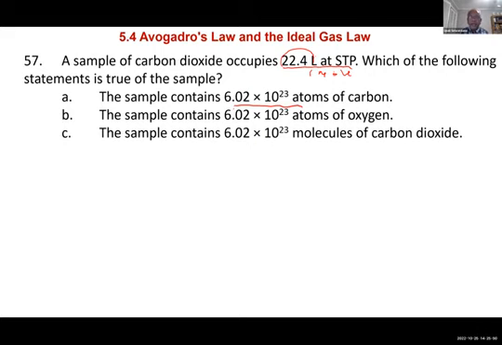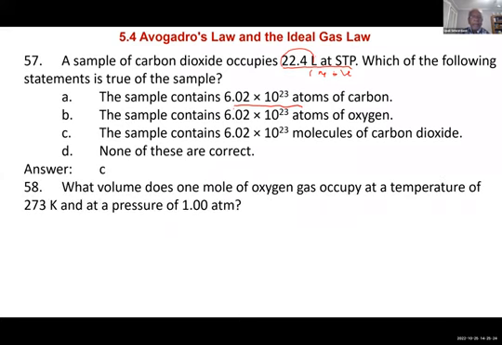The molecules of carbon dioxide is most correct. A is also correct, but we are not breaking up carbon dioxide here. Therefore, 1 mole of sample at STP has the Avogadro number, 6.02 times 10^23, molecules of carbon dioxide.